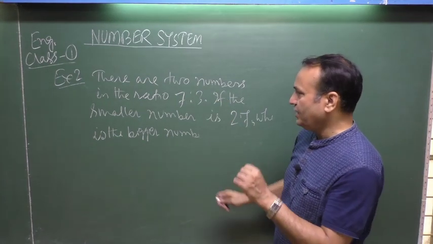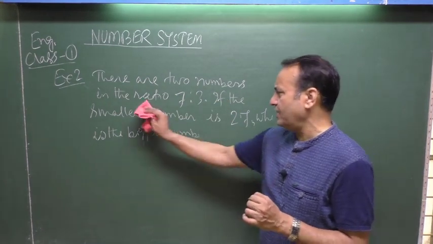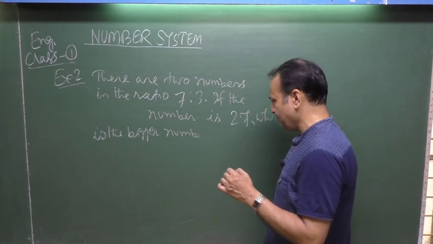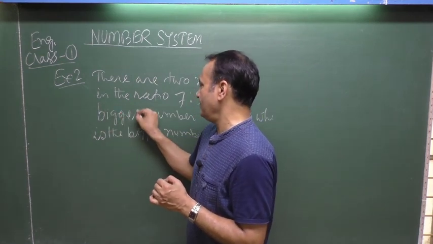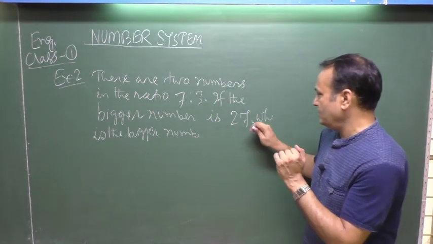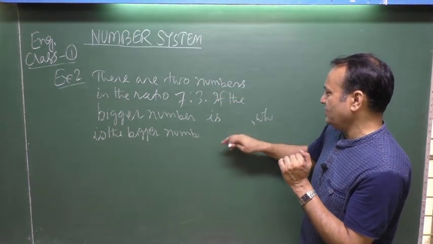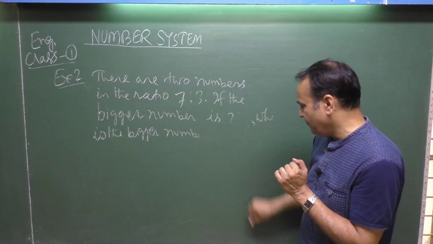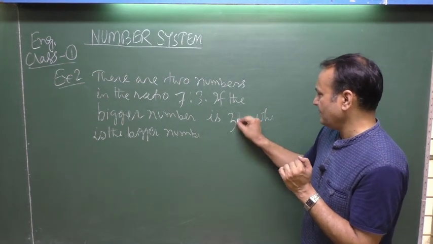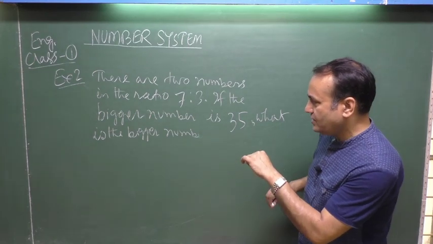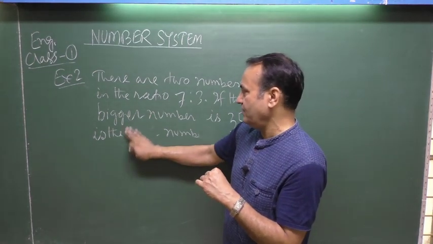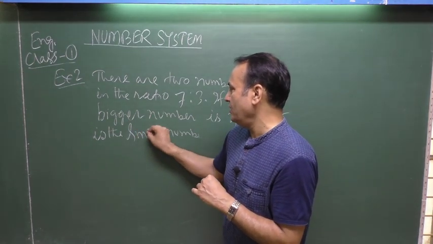If the bigger number, see here, I have changed it here, if the bigger number is 35, what is the smaller number? See here, what is the smaller number?